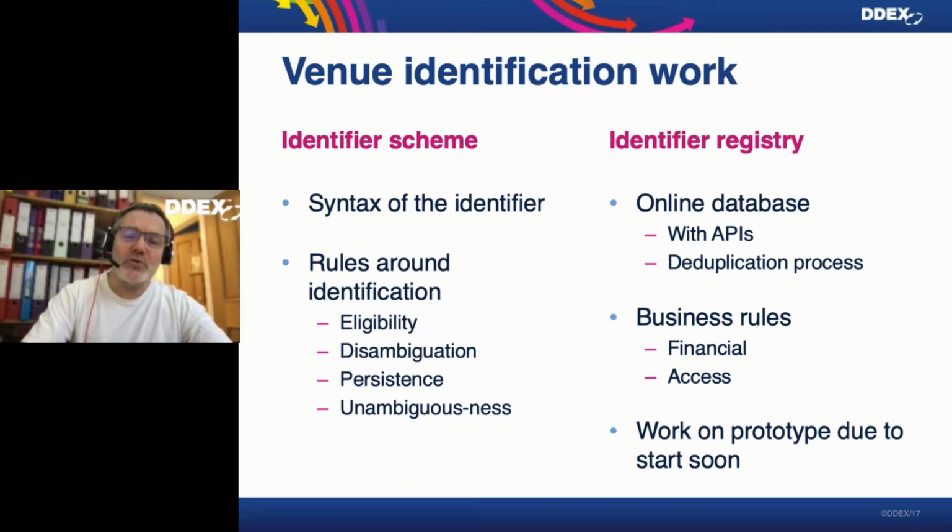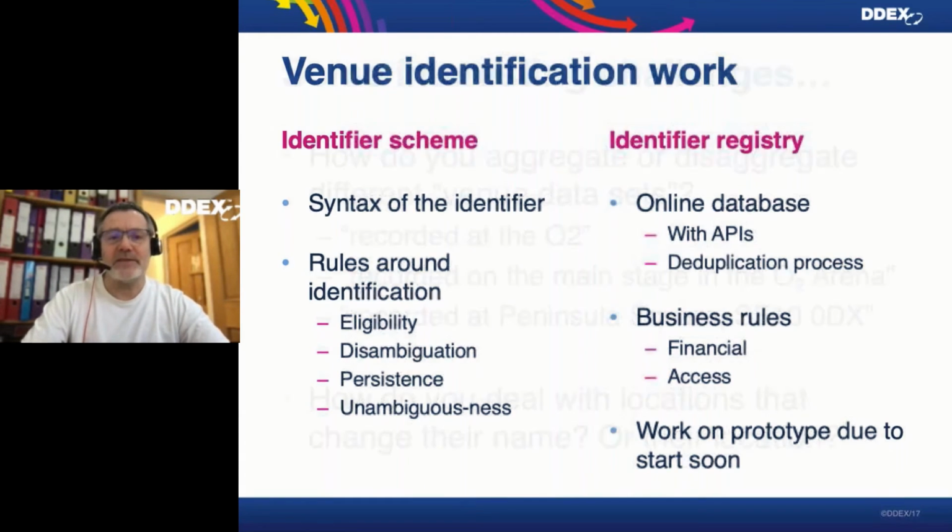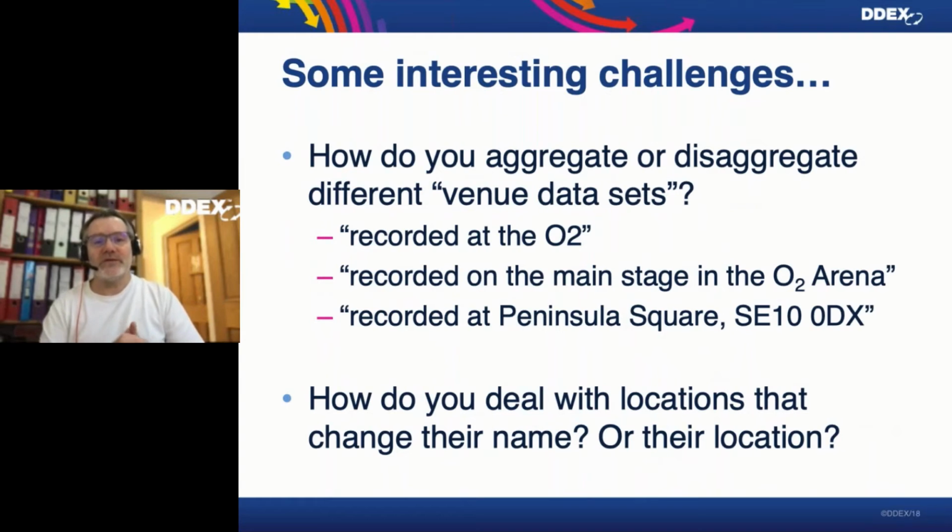Let me go through some of the more interesting aspects of this work, though, because there are some interesting questions. How do you, for example, aggregate or disaggregate different venue data sets, like recorded at the O2, or recorded on the main stage in the O2 arena, or recorded at Peninsula Square SE10 0DX?